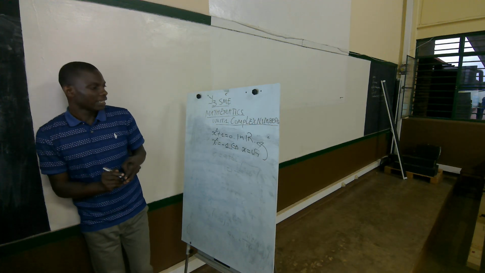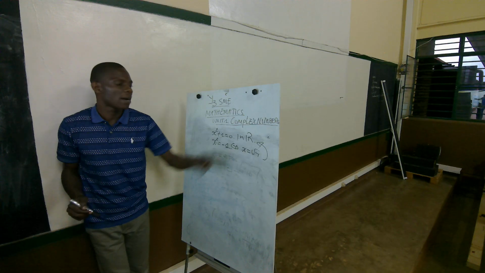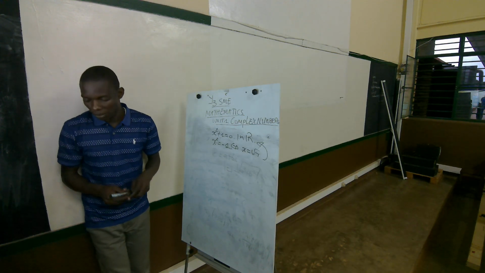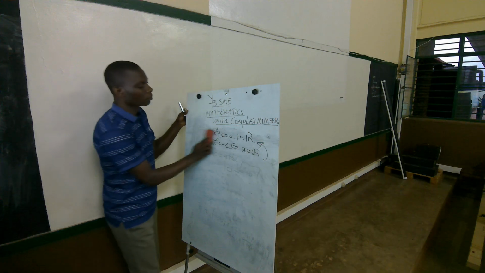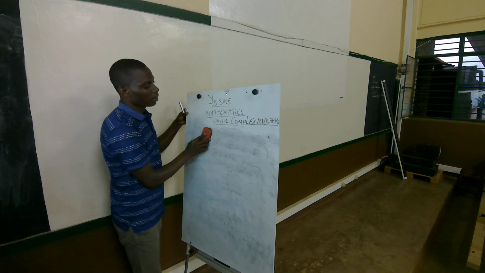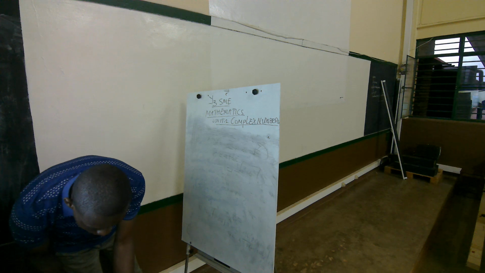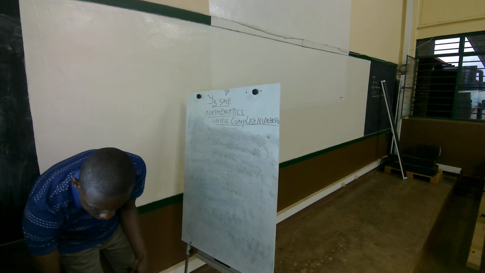But in the set of complex numbers, we are going to be able to solve this kind of equation. Now, how to solve this one? So we bring the concept of solving this kind of equations.